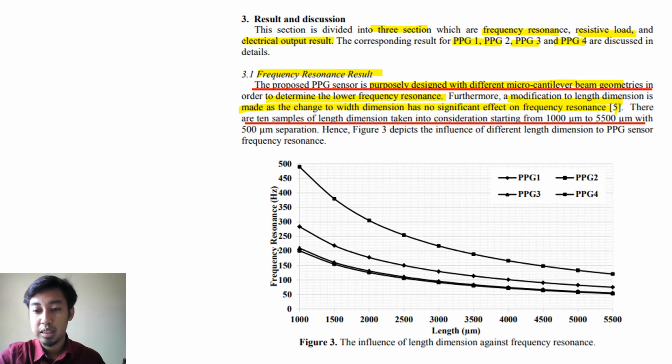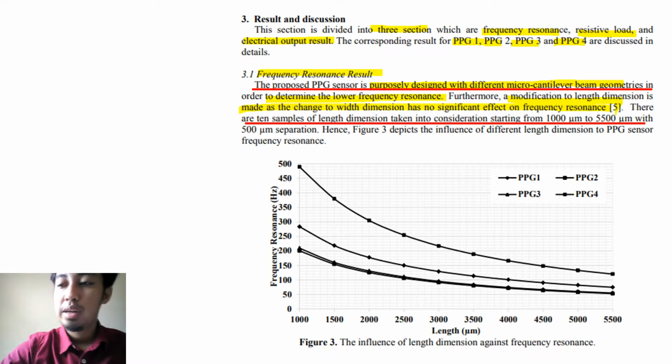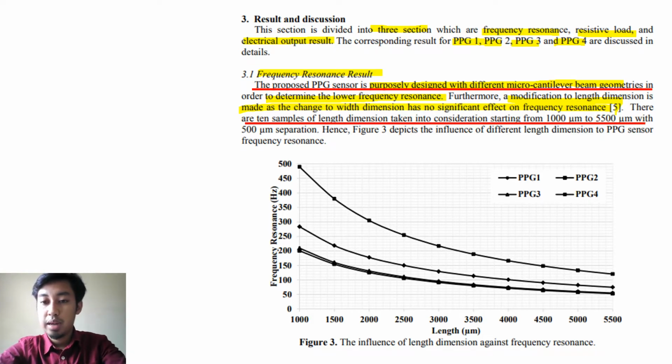So you can justify why you did not do this. According to previous researchers, you can cite them on why they want to do the analysis, because they found no effect. So it is not required for you to redo it, because the result is the same. So in this paper, the analysis on width dimension is not pursued.